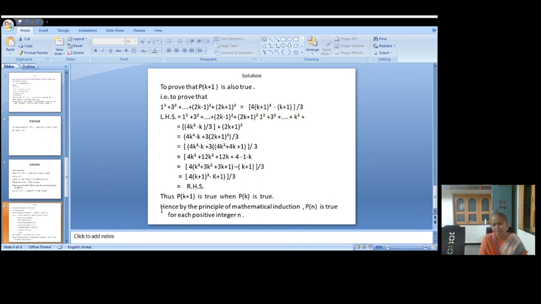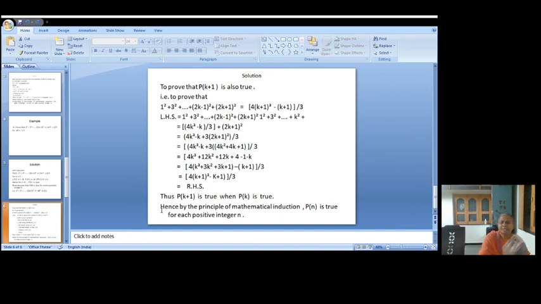Actually this part I have not written, but this is the concept. Now here we add 1 and subtract 1, and taking minus k next, we write the terms as 4k cube plus 12k square plus 12k plus 4 minus 1 minus k. Means 4 minus 1 is 3, and that's how we get the original value.